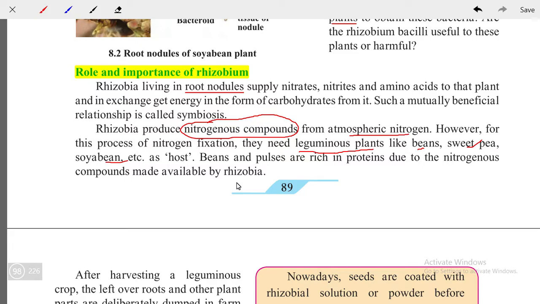These proteins are due to the nitrogenous compounds, and these nitrogenous compounds are made by the rhizobium and supplied to the plant.